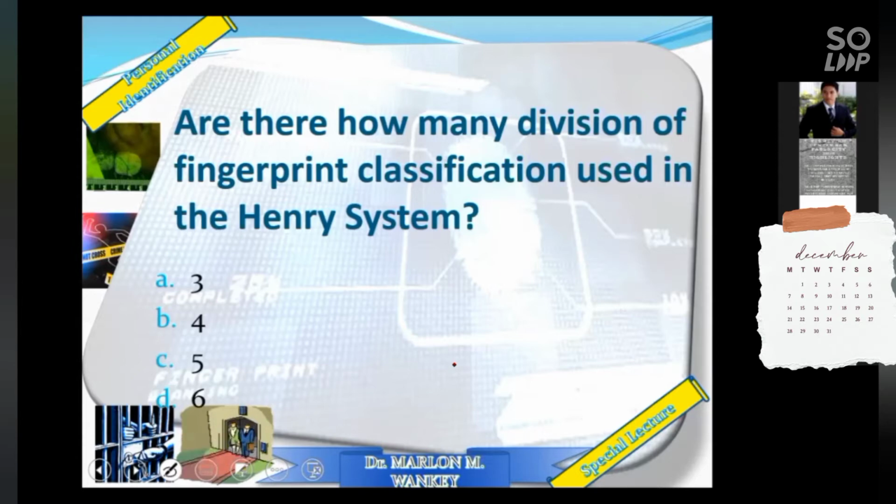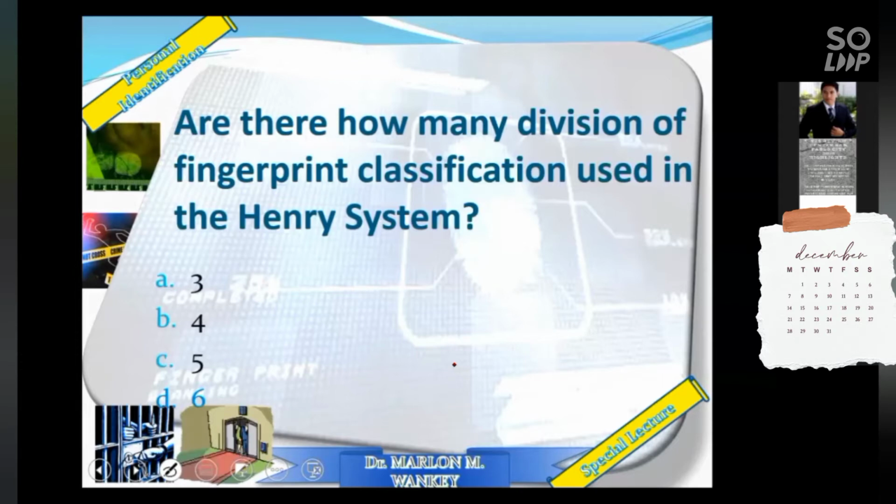But since it is already added by the 2 classifications added by the FBI, which are the major and key, that makes it 6. Okay? So, ang pagpipilian nyo talaga is letter B and letter D. Pero dito kasi sa sagot is letter D. Though originally, there are 4 classifications.